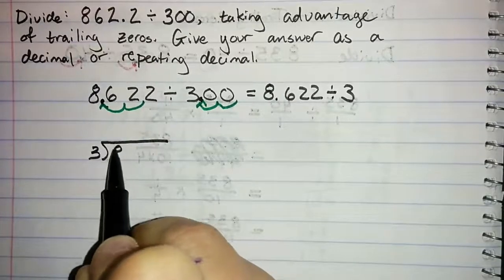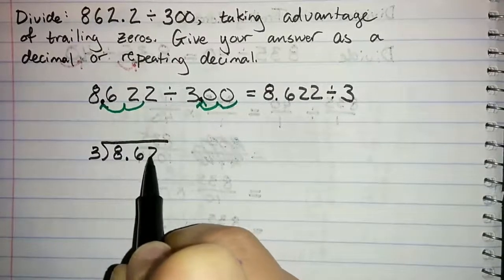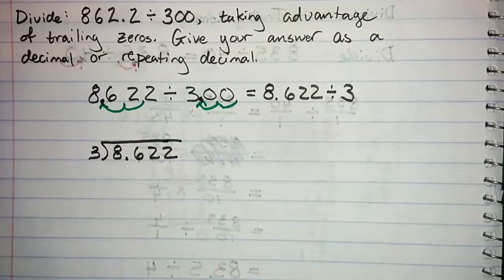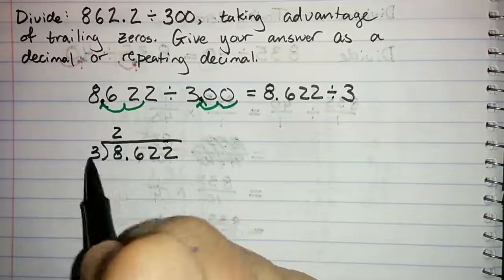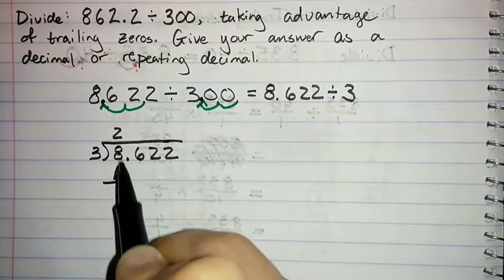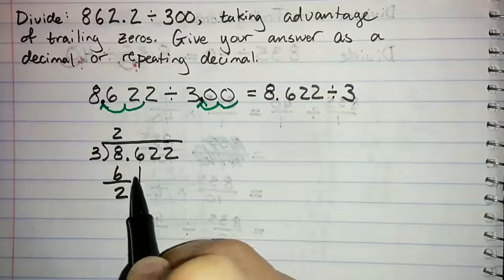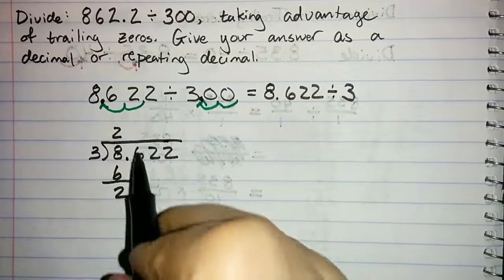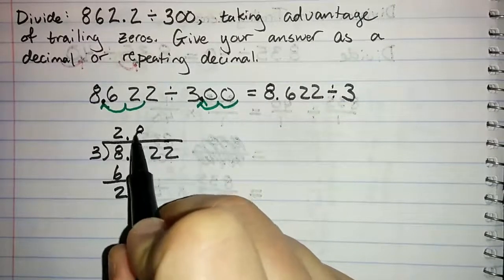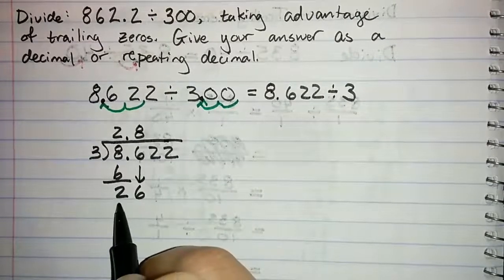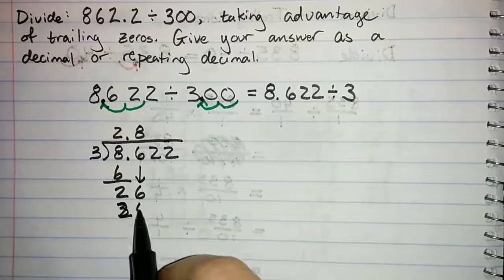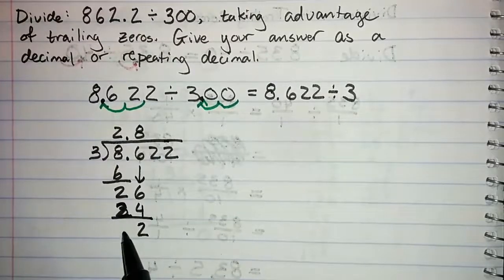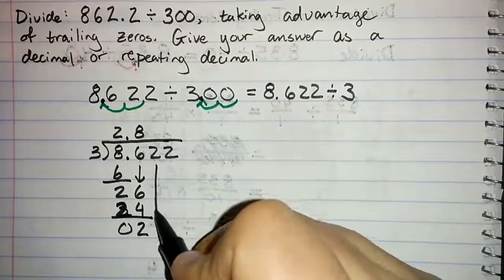3 into 8.622. 3 goes into 8 twice. 2 times 3 is 6. 2 remains. Bring down the 6. 3 goes into 26 8 times, because 8 times 3 is 24. 6 minus 4 is 2. 2 minus 2 is 0.